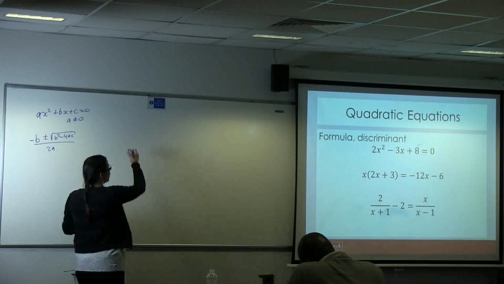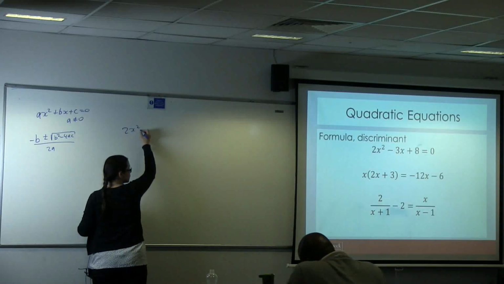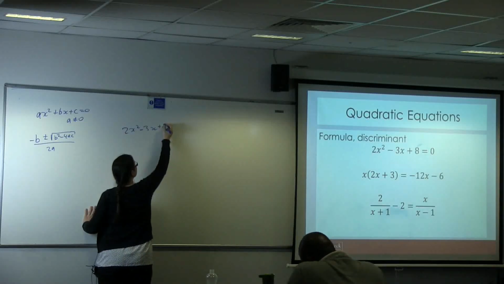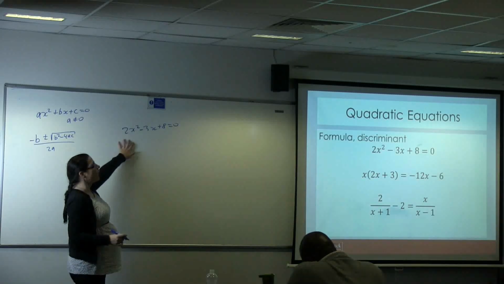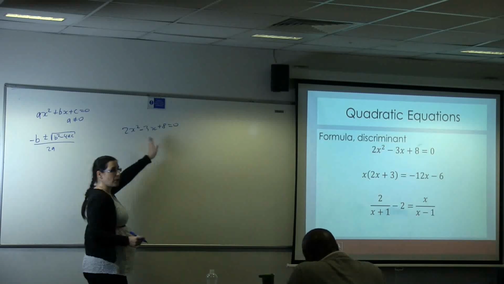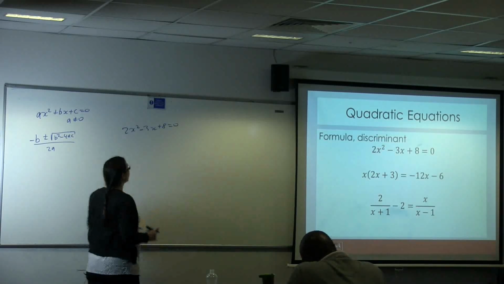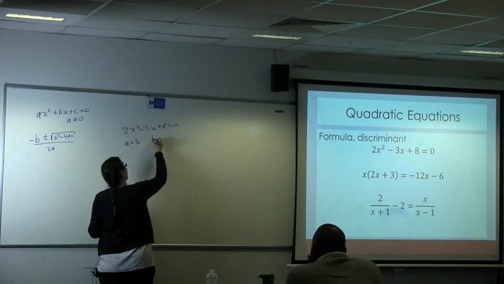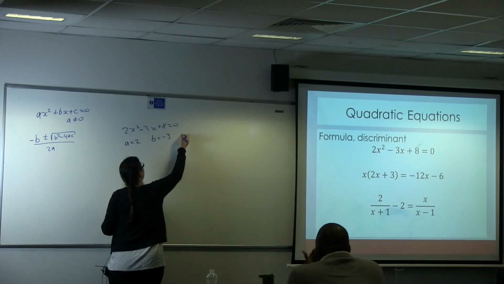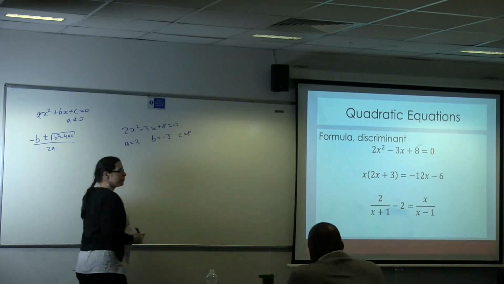So for the first equation, this is nice and easy because it's in the standard format of quadratic equals 0. So I can just look at it and read off a equals 2, b equals -3, and c equals 8.